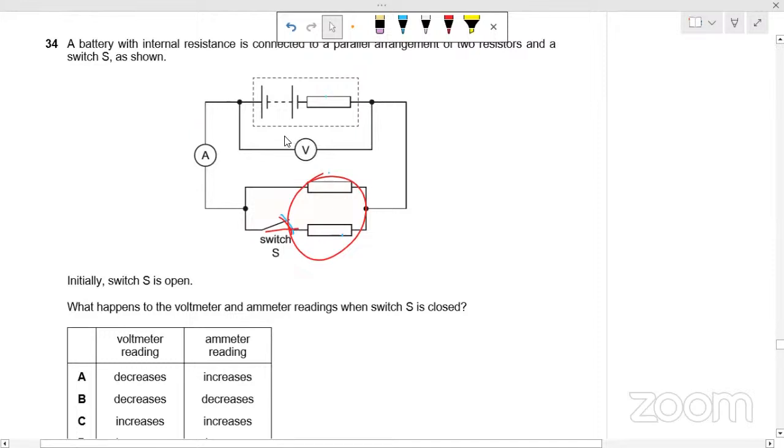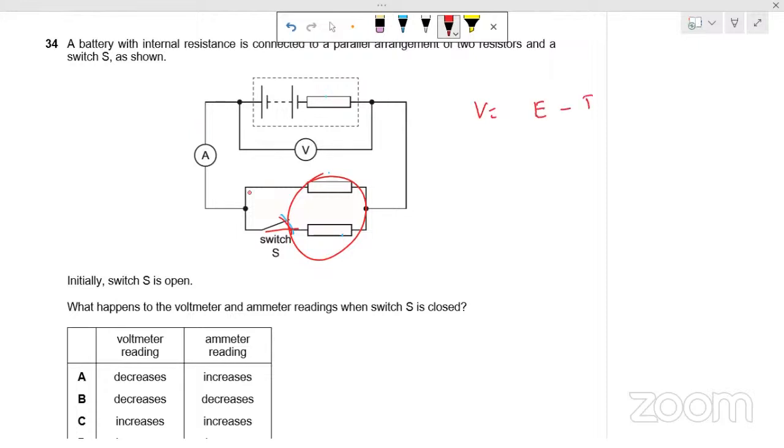This voltmeter shows the voltage across the terminals of the battery, that is the voltage across these two resistors. And now the voltage V is equal to E minus Ir. Okay. So if current has increased, then this voltage will decrease. So voltage will decrease, current will increase.